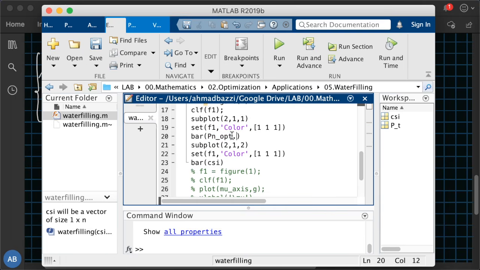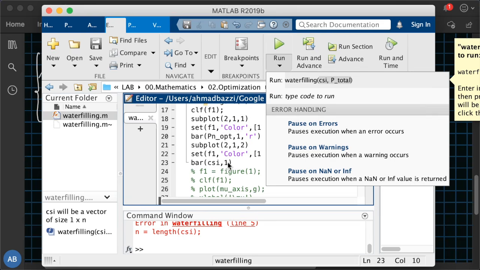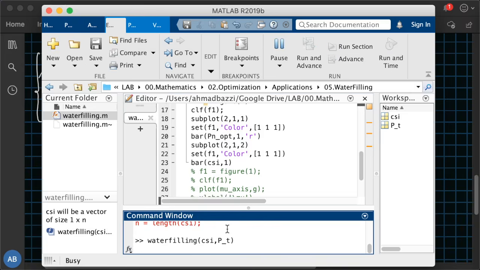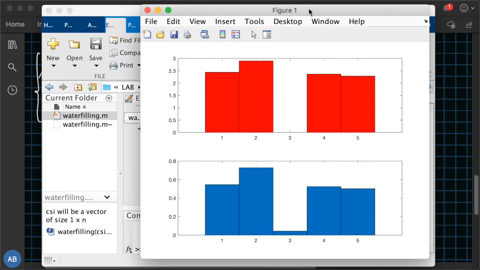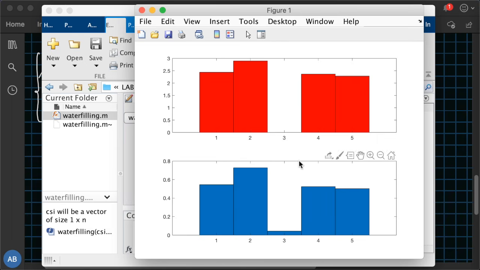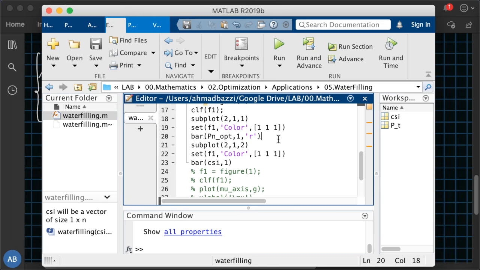Just give this a red color. And this guy, there you go, red and blue. Now let's give some information right here.